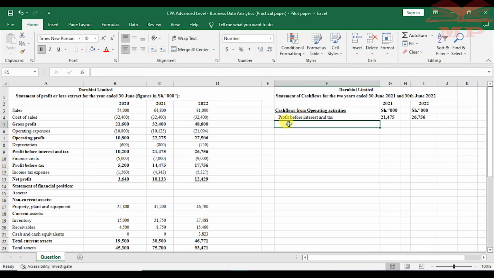Once we have profit before interest and tax, of course, we will add back. What can we add back? We'll add back depreciation. So depreciation was given as 800 and 750. So I'll be adding back depreciation.